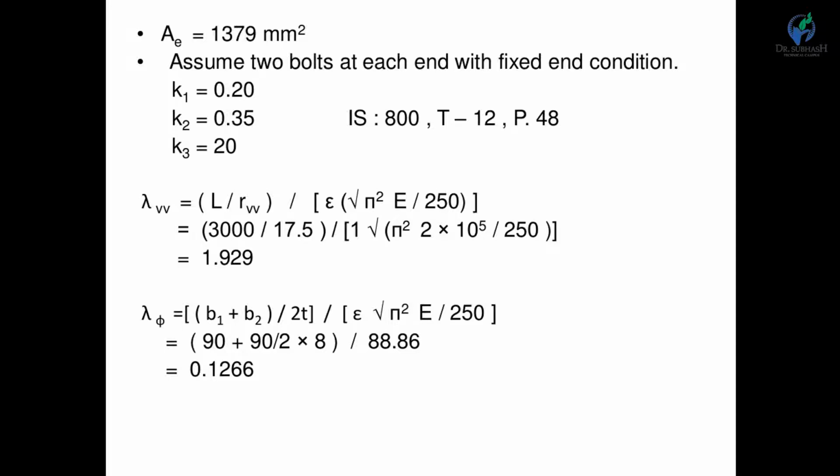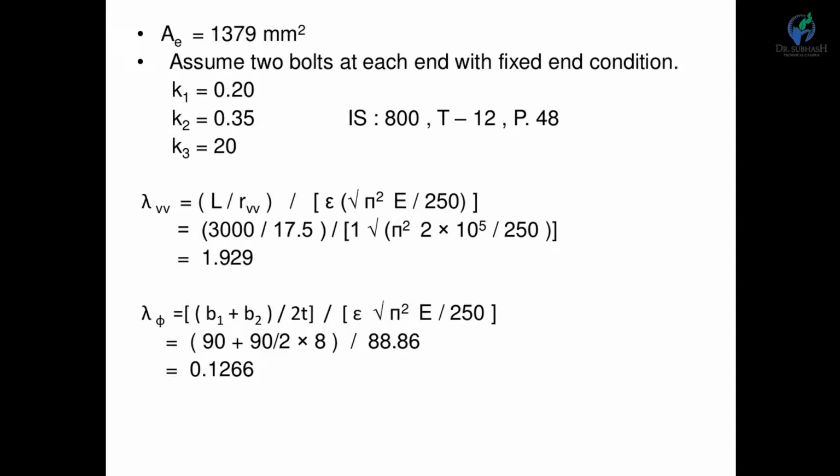Now assume two bolts at each end with fixed end condition. Here we mention two bolts at each end, means one for the gusset plate from the left hand side, one from the right hand side. So now we find out K1, K2, K3 as per IS 800 Table number 12.